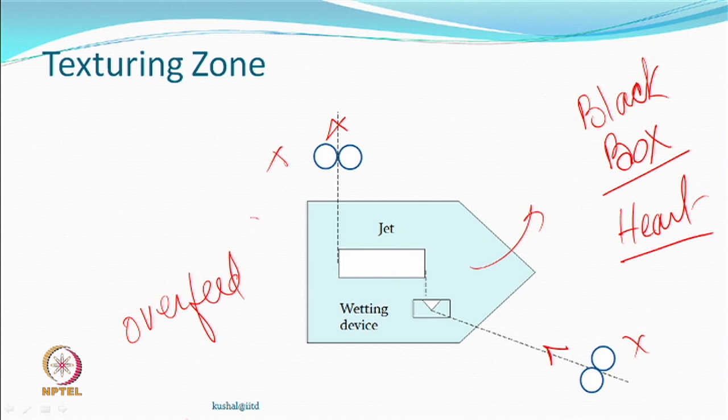Of course, in between it may be connected to compressed air, and it may also have a device which is called a wetting device, where the yarn is initially given a little bit of moisture before it enters the air jet.